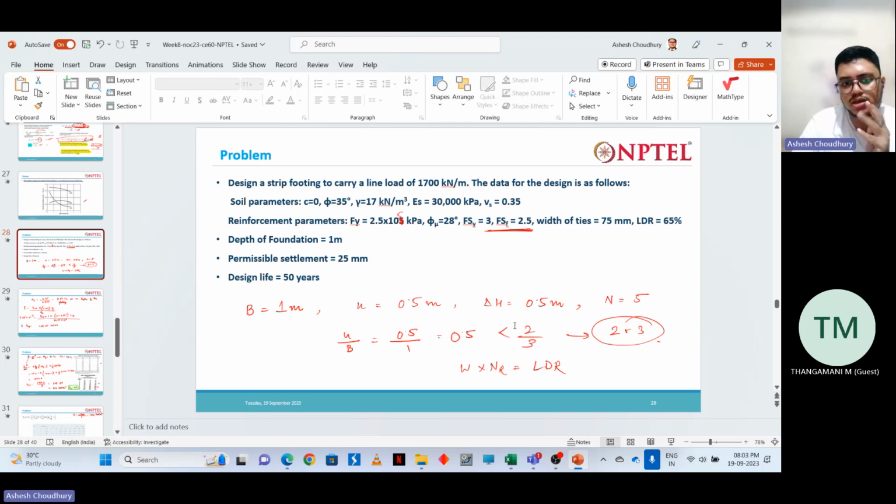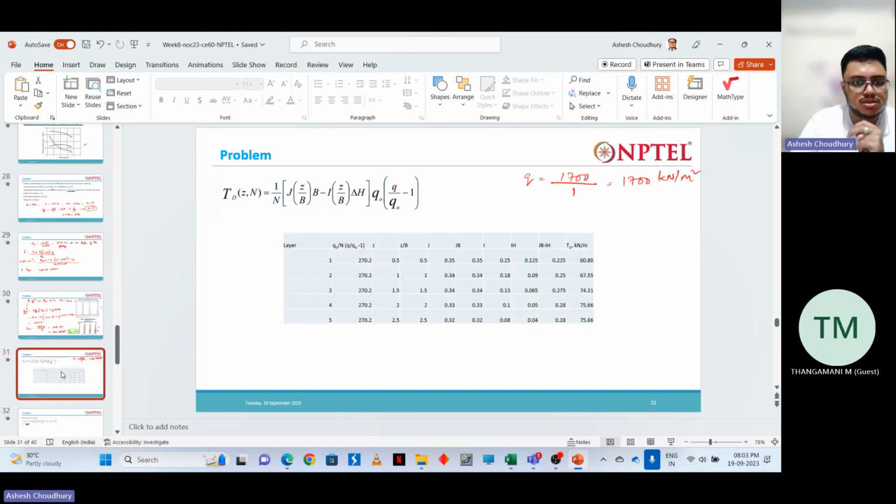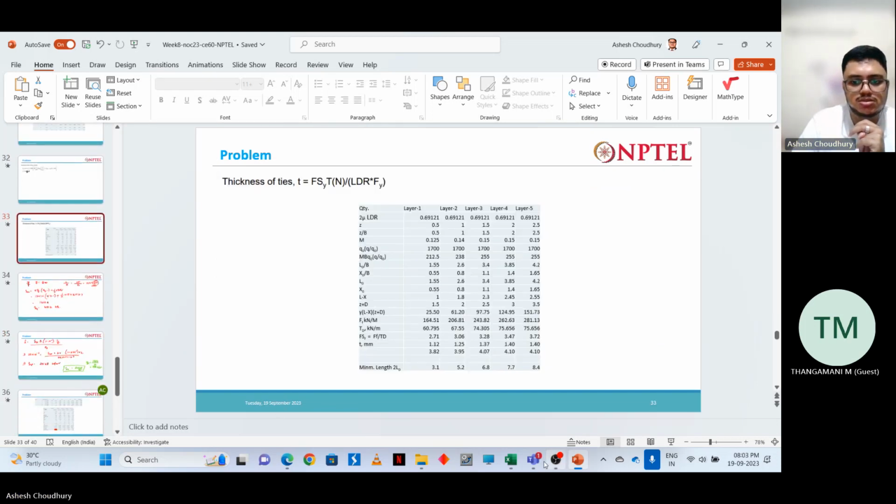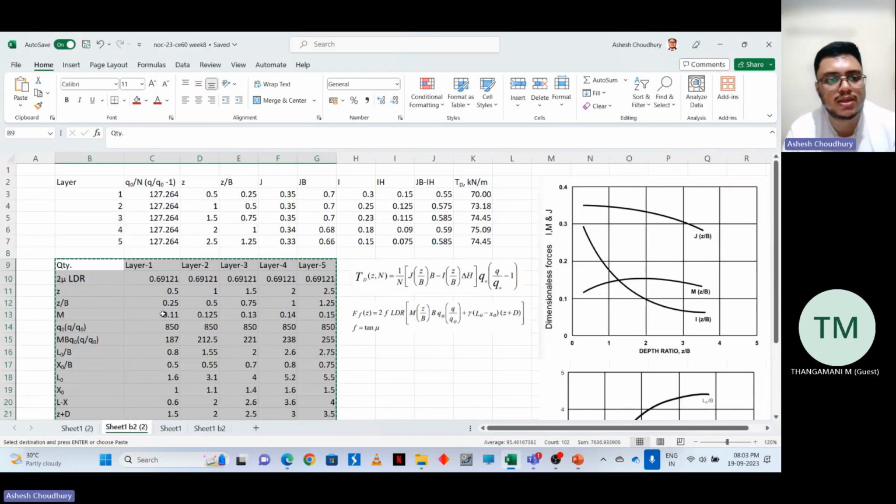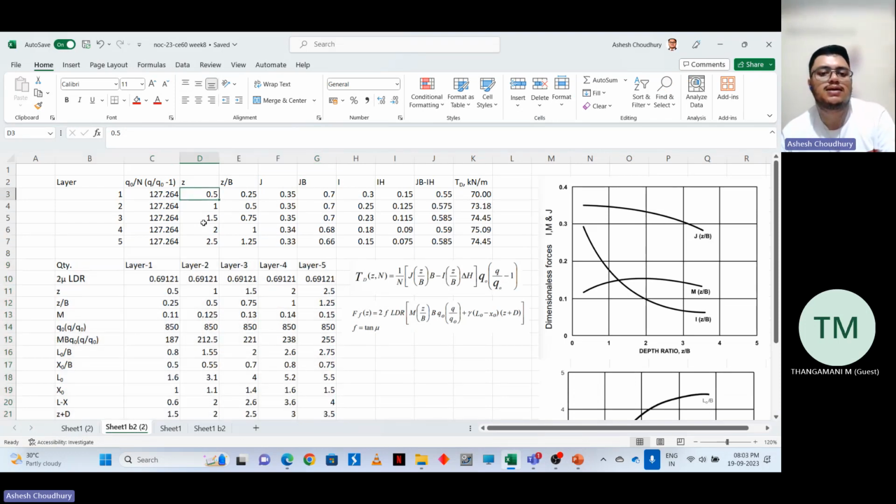Or U also you can increase a bit, say 0.75 or something like that. Shall we try once? Shall we check once what will happen if we increase this Z a bit?